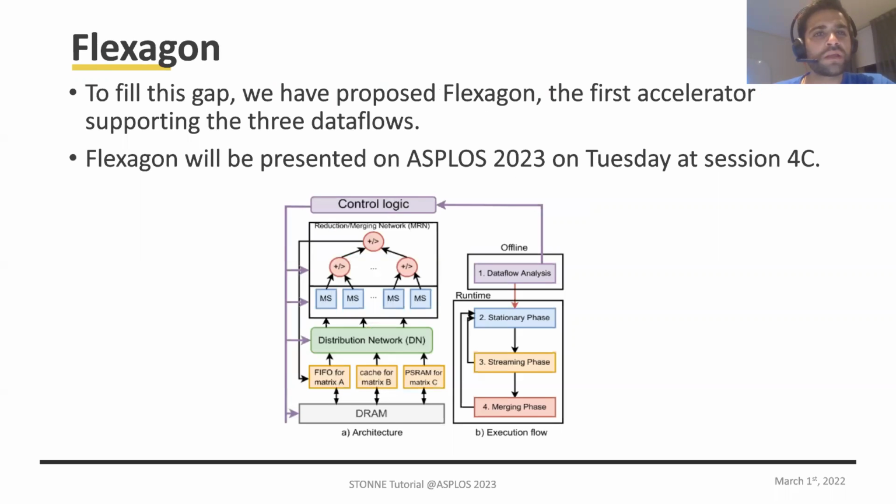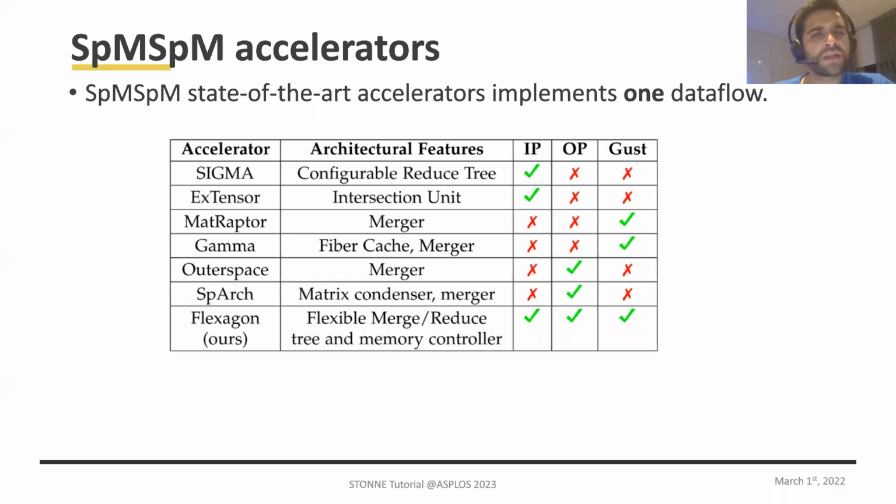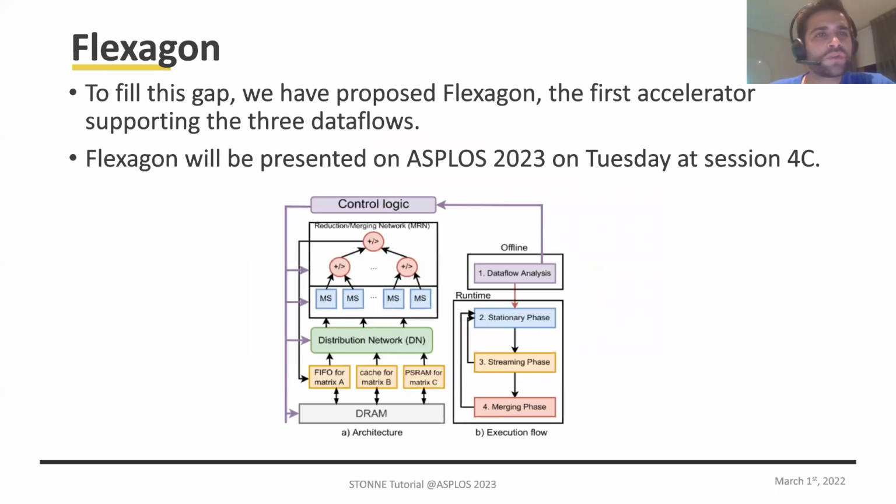Current accelerators nowadays only implement one dataflow, and this is suboptimal, because if the accelerators cannot adapt to the different dataflows, the accelerator will always get less performance, because they will not be able to switch.